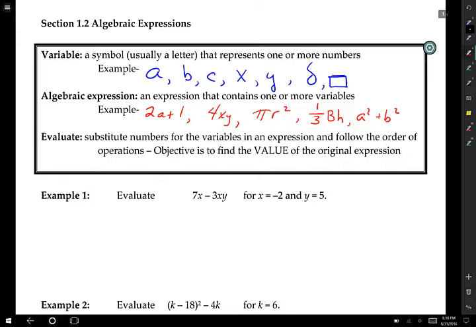And then lastly, when we evaluate, evaluate means we're going to substitute numbers in for the variables, and we're going to follow the order of operations and find the value of that original expression. One of the important things I want to emphasize is that when you substitute in, I want you to really work hard on remembering to replace the variables with parentheses.